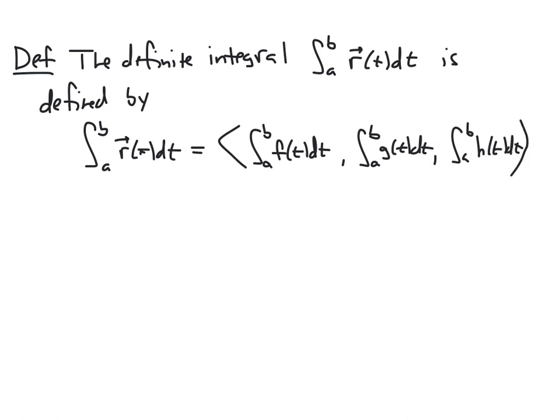So the first component is going to be our integral over f of t from a to b. The second component will be the integral from a to b of g. And the third component will be the integral from a to b of h.